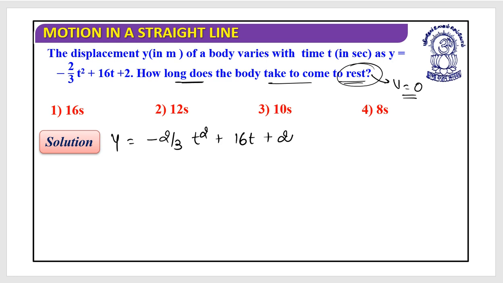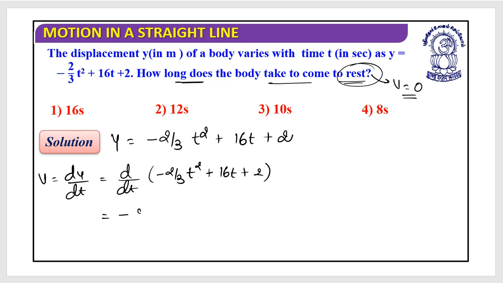I have the displacement, and I need to find the velocity, so I just differentiate. v equals dy by dt, that is d by dt of minus 2 by 3 t square plus 16t plus 2.